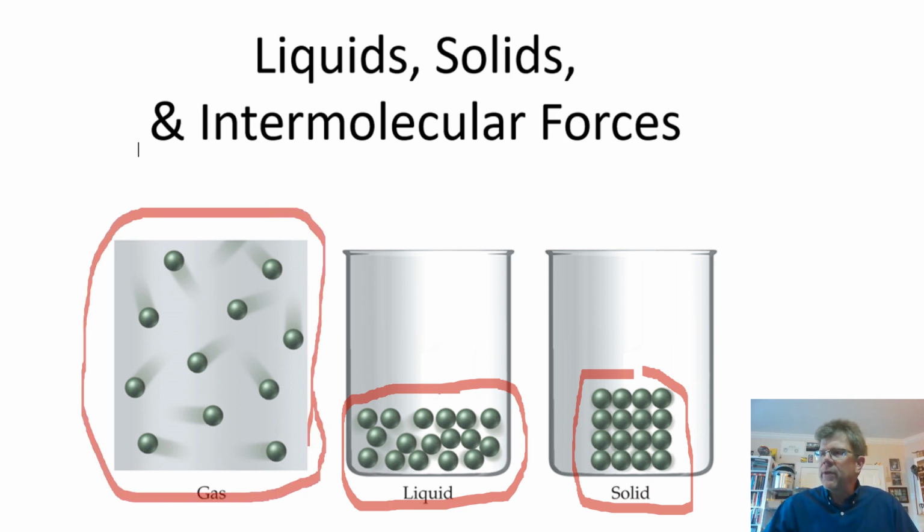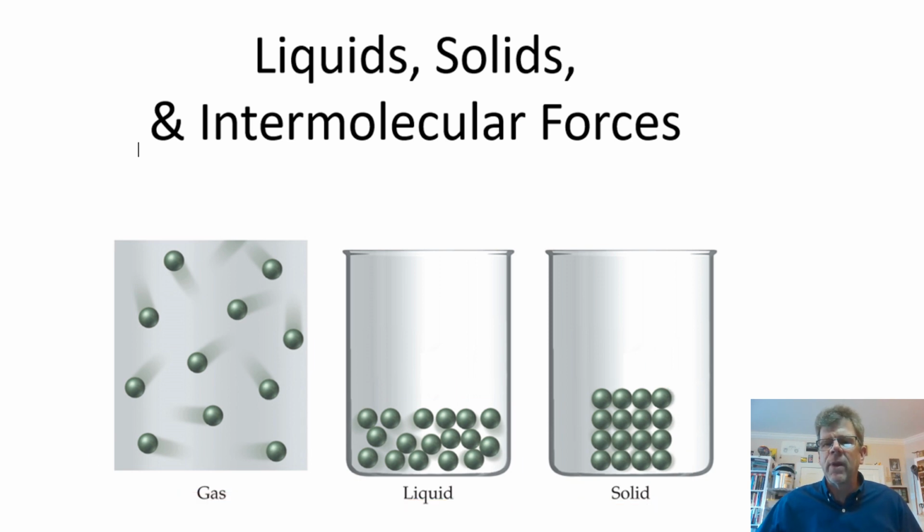Well, we talked about this in the gases chapter, in that there are intermolecular forces between particles. In the ideal gas law, we assumed that there wasn't, but there really is, and these intermolecular forces are always attractive. In the liquid and the solid state, these intermolecular forces hold together these particles so that they do not drift apart.